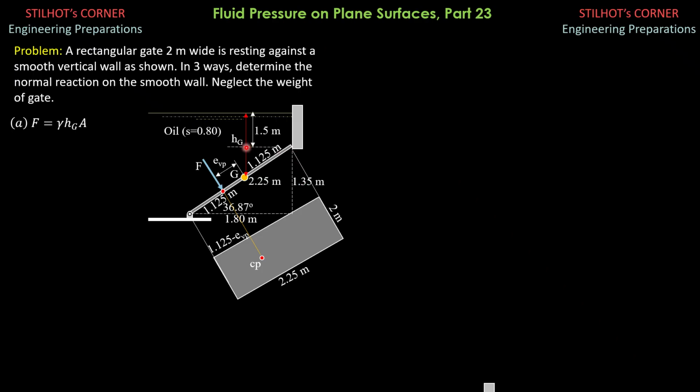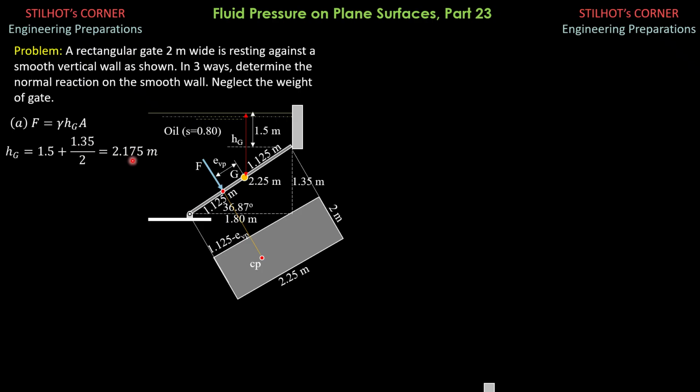The distance from this level to the centroid is half of 1.35 because the gate is linear along the plane. Or the other way is you add 1.5 plus 1.125 times sine of this angle, 36.87. You will get the same. hg is 1.5 plus 1.35 over 2, or 1.5 plus 1.125 sine of 36.87 degrees.